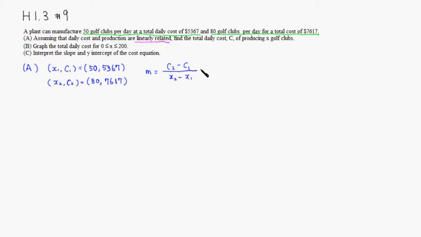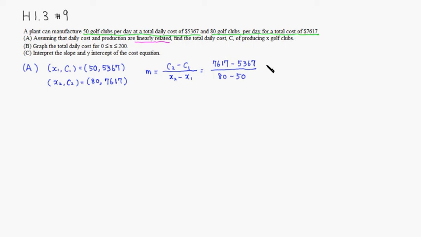So this is going to give us c2, which is 7,617, minus 5,367, that's c1, over x2, which is 80, minus 50.